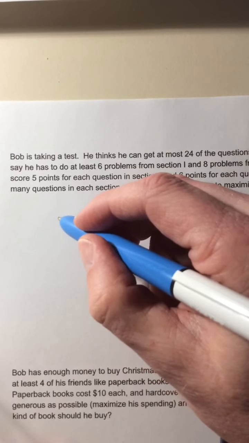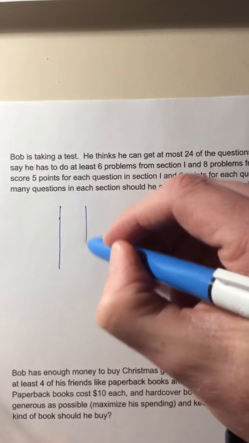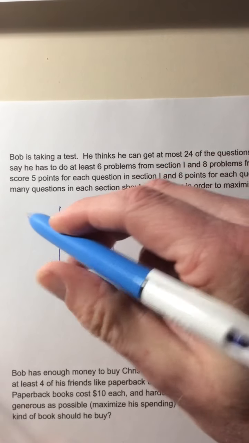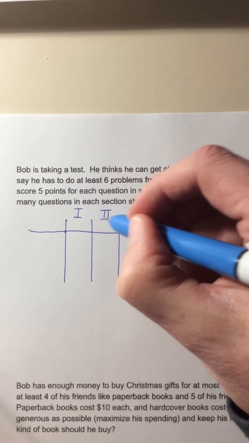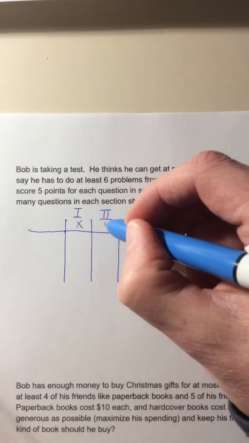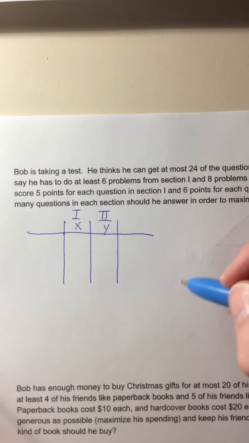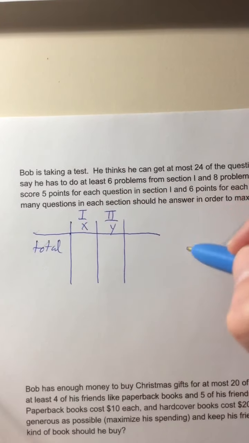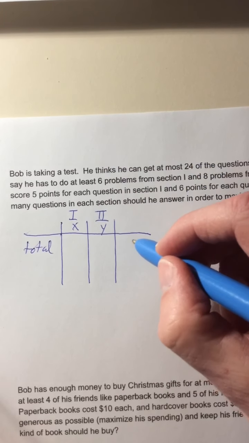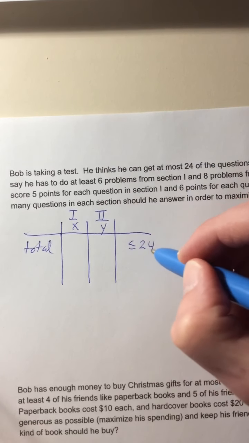Okay, so we're trying to maximize score, and we need to know how many questions of each type to do, or each section. So we got section 1 and we got section 2, and again, cleverly, we'll call them X and Y, and we have the total number of questions, which we find out is 24, so at most 24.